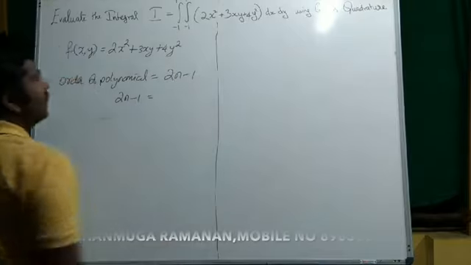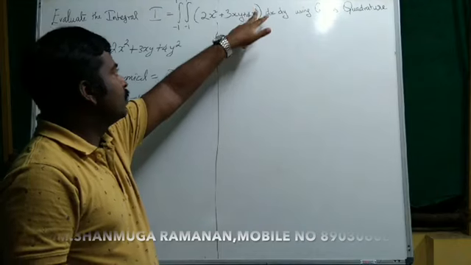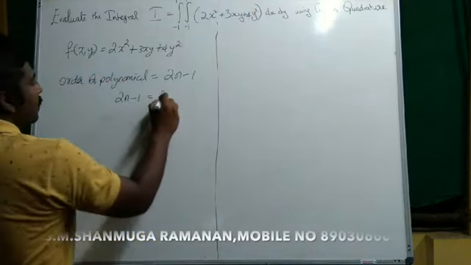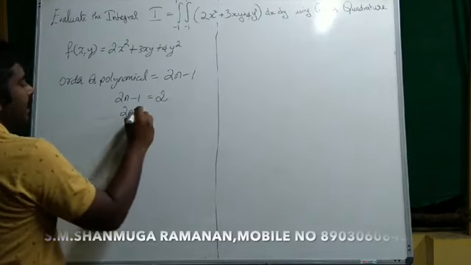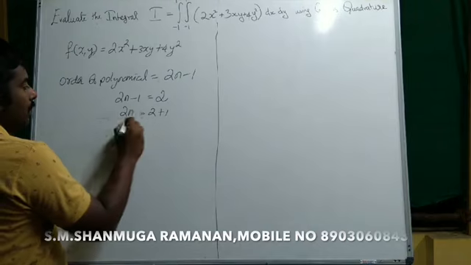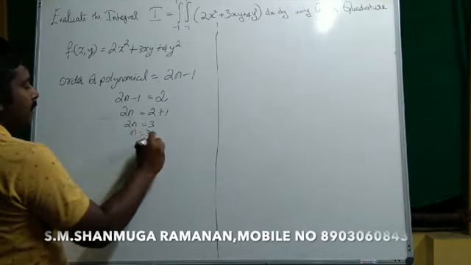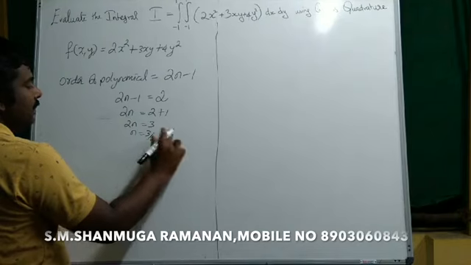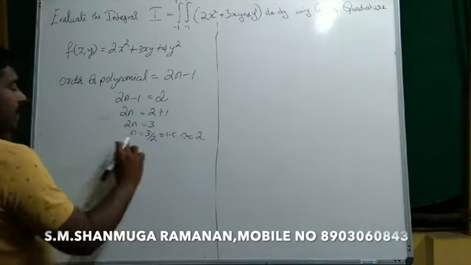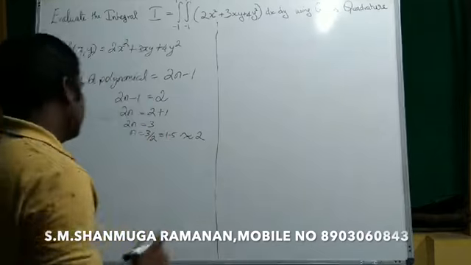Which one is the highest degree? x², so 2 is the highest degree, and y², so 2 is the highest degree of this problem. Therefore 2n - 1 = 2, so 2n = 3, n = 3/2 = 1.5, approximately 2.